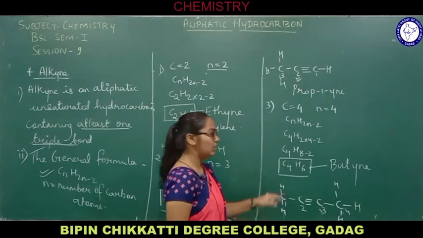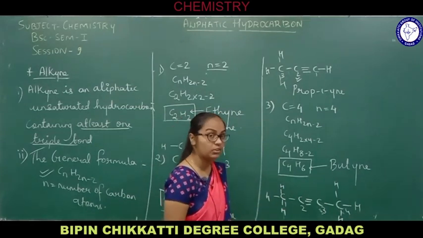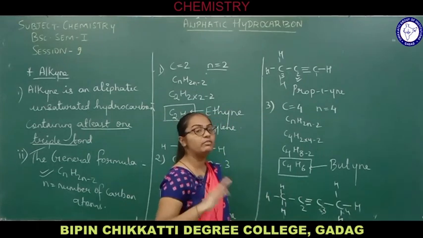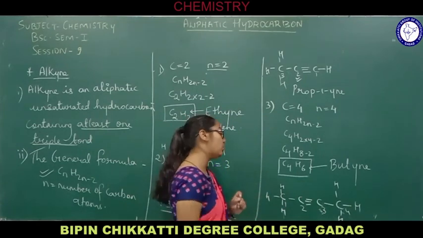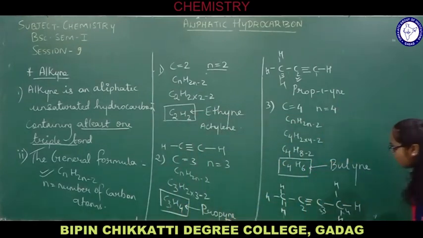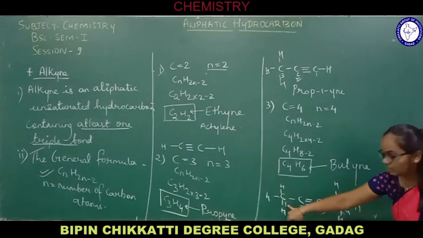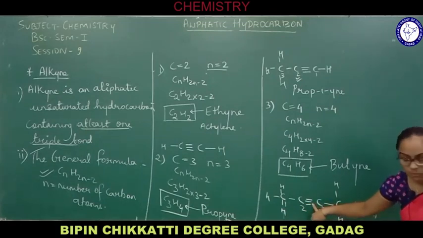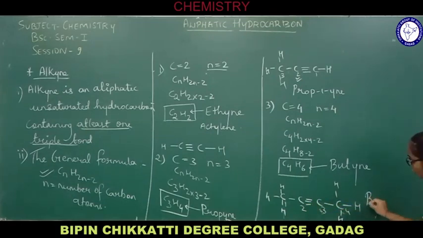But here the name will be different, because we need to give the position of the triple bond, between which carbon atoms it is present. That is very, very important. If you start labeling from here, 1, 2, 3, the triple bond is present between carbon number 2 and carbon number 3.